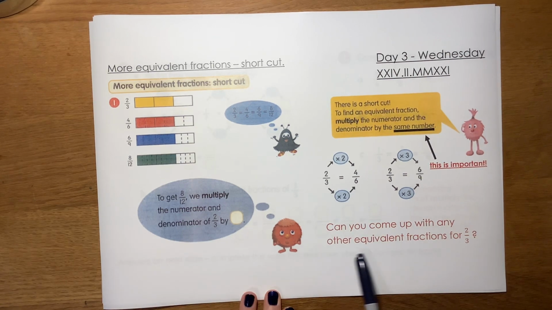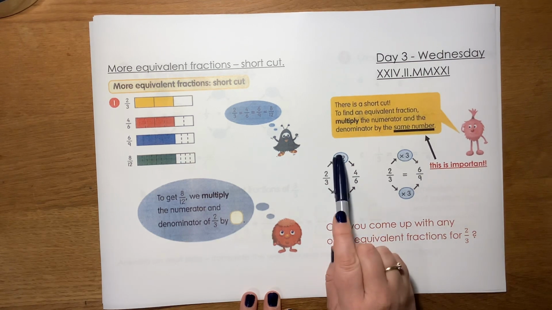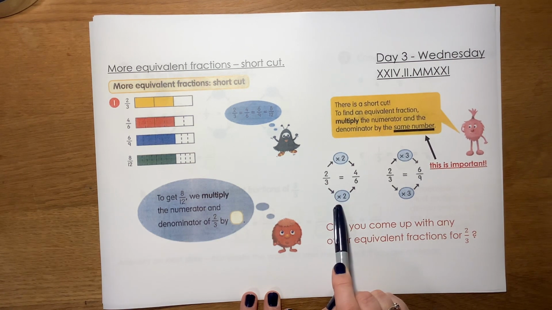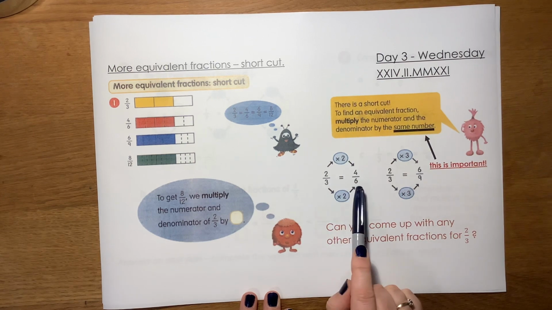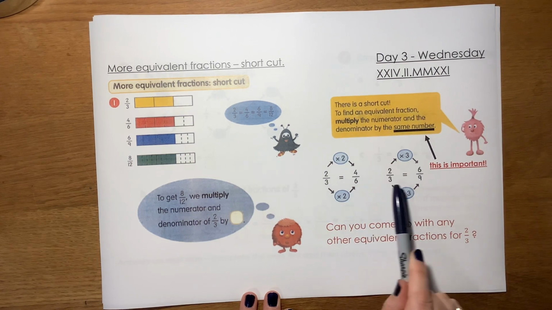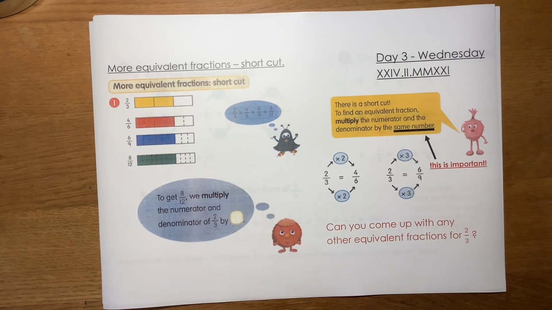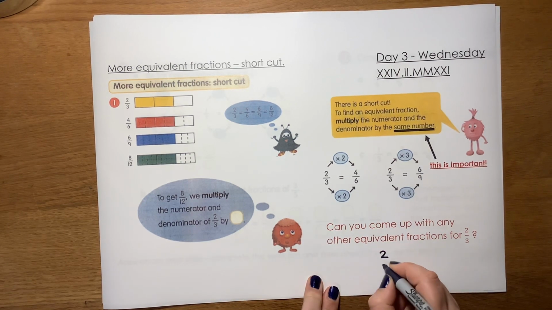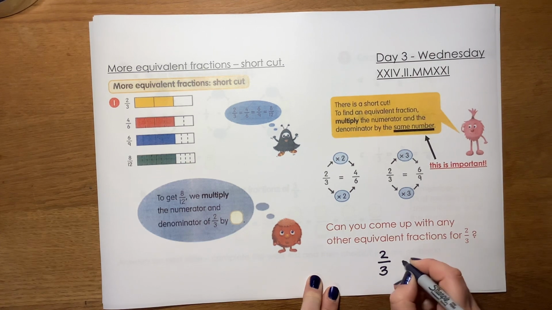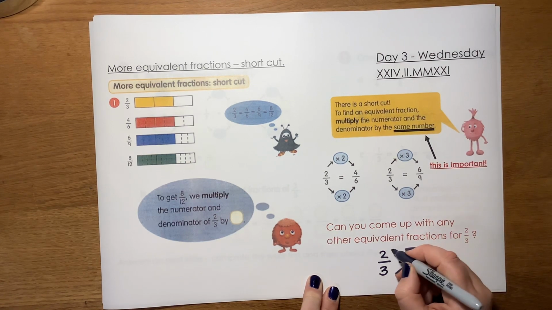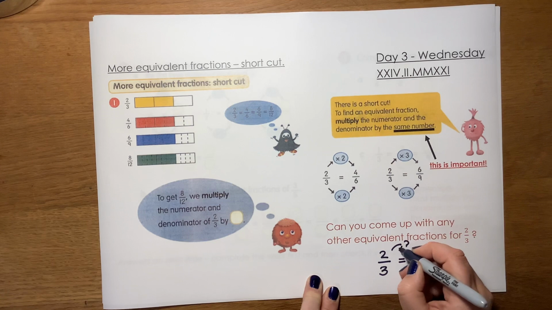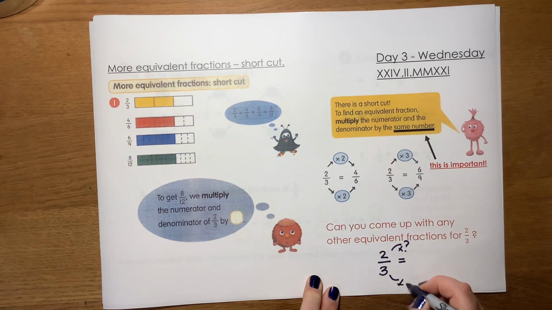So can you come up with any other equivalent fractions for 2/3? Here we've multiplied the numerator and the denominator by 2 to work out an equivalent fraction of 4/6. Here we've multiplied them by 3. So can you have a go at multiplying the numerator and the denominator by the same number to find some other equivalent fractions?